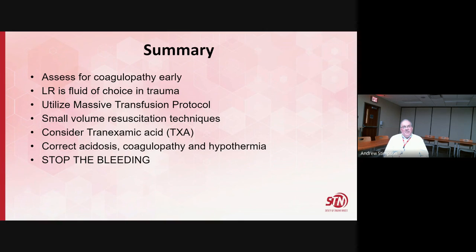LR tends to be the fluid of choice, although as I mentioned earlier, if we're giving blood products, we frequently switch to normal saline as the rider. We use massive transfusion protocol early on, smaller volumes of crystalloid resuscitation. TXA is a consideration now as we use the TEG and move farther along into the algorithm. And again, we want to correct and avoid acidosis, coagulopathy, and hypothermia, and certainly stop the bleeding or get hemorrhage control much earlier. Any questions?